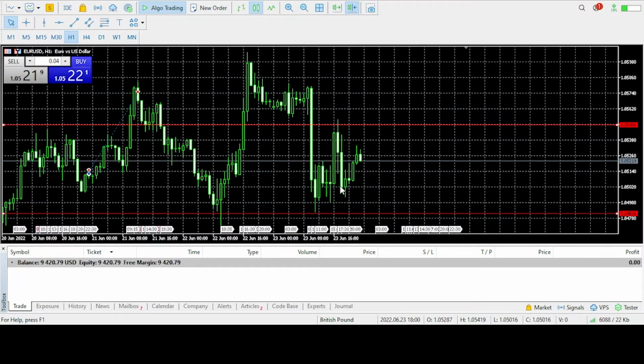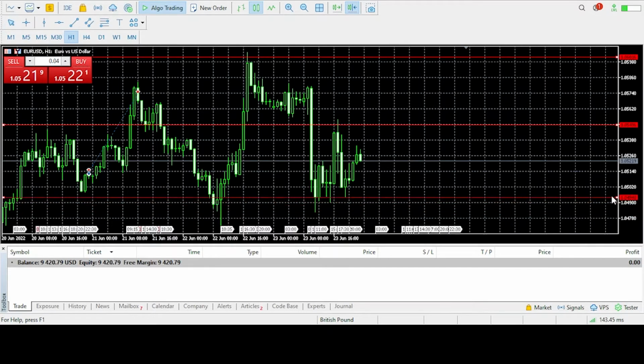Here also it has taken a support. So it may take support till here, or maybe it will touch this support as well. It can do that as well. Now if I take this as the resistance, I still feel that it will come till here and then move back.